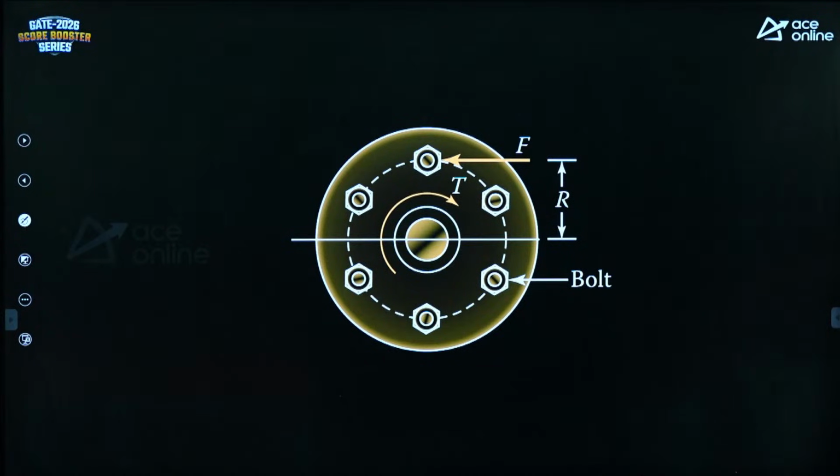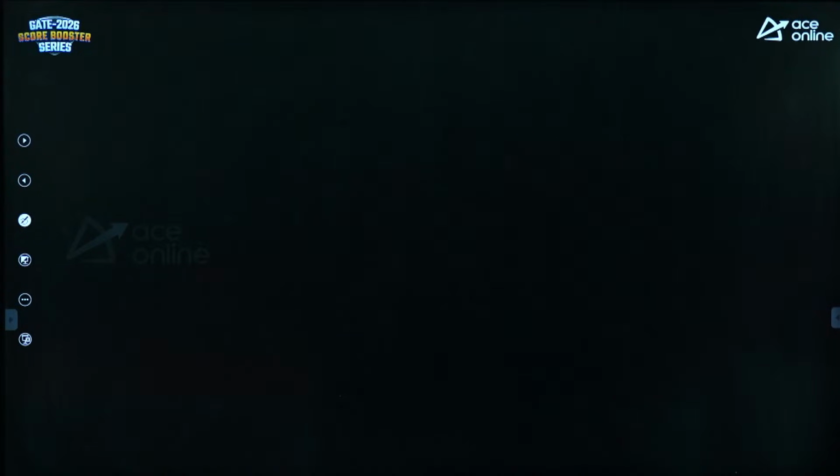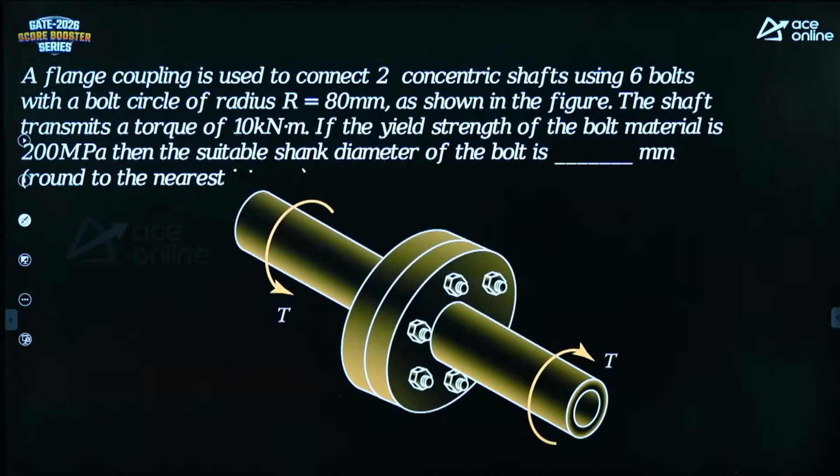All these bolts are present along a circle, having a radius of 80 mm as shown in the figure. The shaft transmits a torque of 10 kilonewton meter. If the yield strength of the bolt material is 200 megapascal, then the suitable shank diameter of the bolt is.